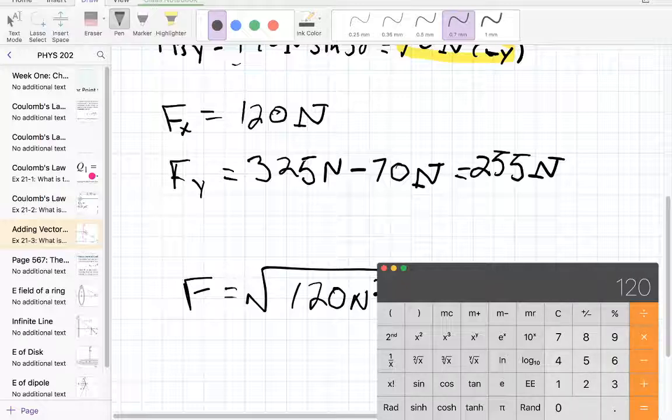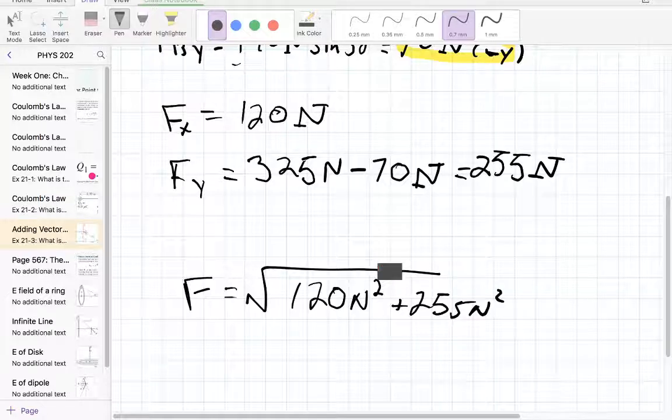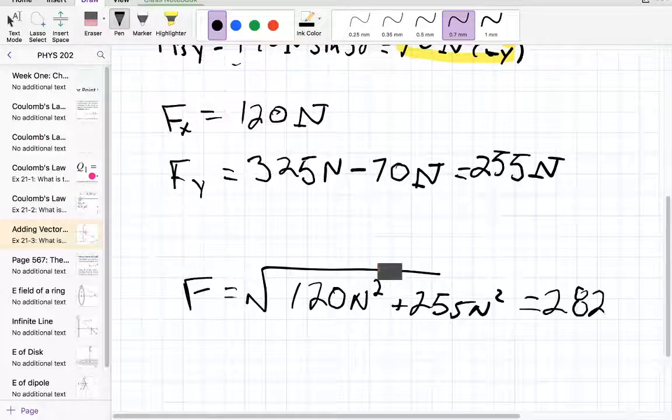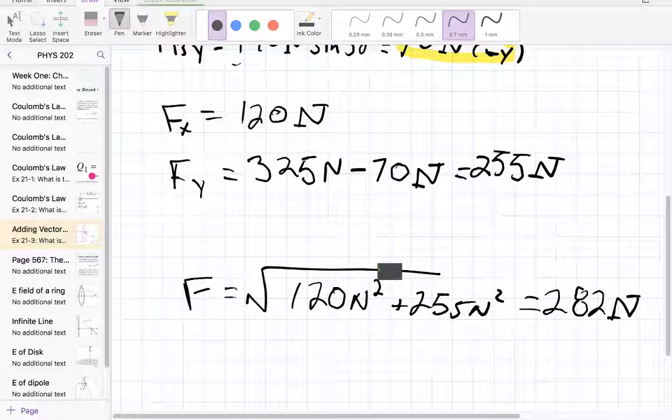Let's try that again. 120 squared plus 255 squared equals, square root of that is 281.8, or 282 if we round that off, newtons. And that is the answer in your book. Your book rounds that off to 290 newtons because they're just using two significant figures.